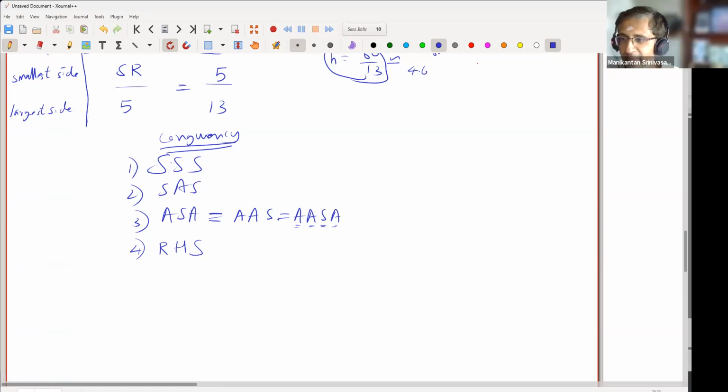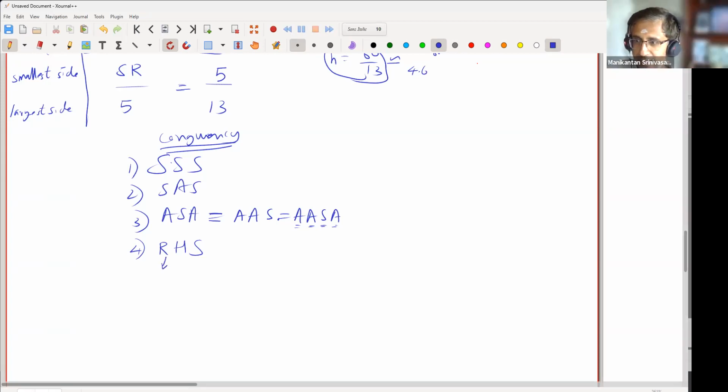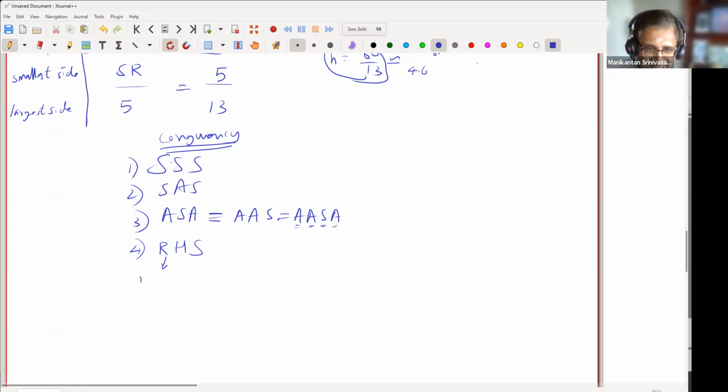Yeah, Arnav, right hypotenuse side. Exactly, in a right angle triangle. So the first is right, and this is hypotenuse, not hand, but hypotenuse.